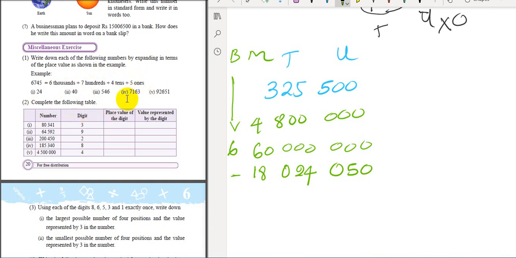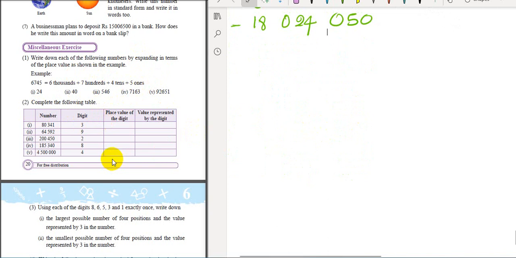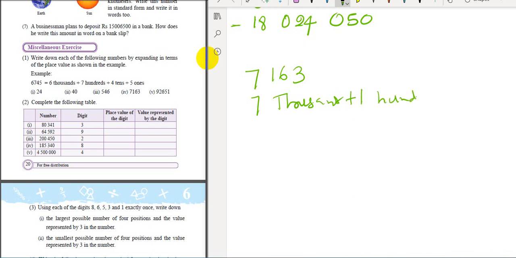So we'll write this one. 7,163. So 7,000 plus, how many hundreds are there? 100, plus 6. How many tens? 6 tens. So 6 tens plus 3 ones. Okay.